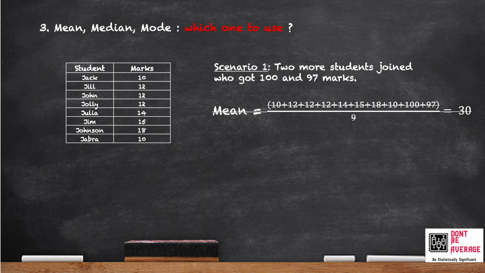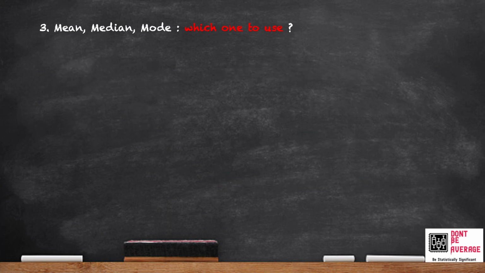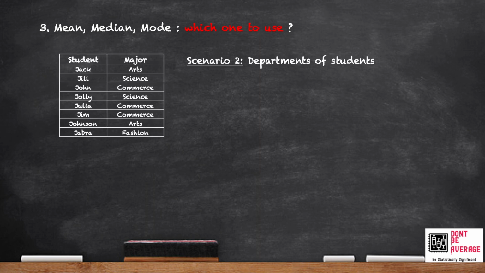Let's calculate median now. Median is 13. Now that is a sensible representative of their scores. So in scenarios where we have extreme values or outliers in the data, it is recommended to use median instead of mean.